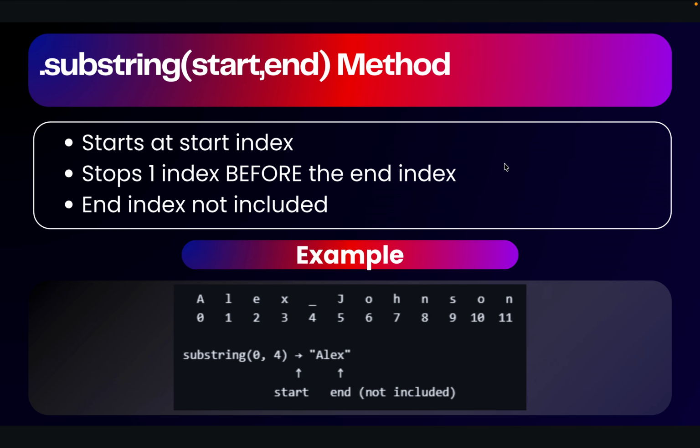So when I mean 4 spots, counting from 0, A would be 1, L would be 2, E would be 3, and X would be 4. So it's counting from that position.